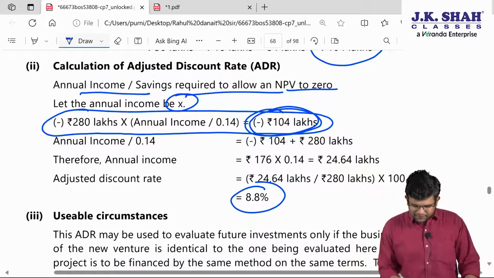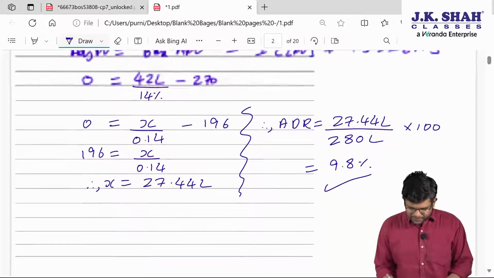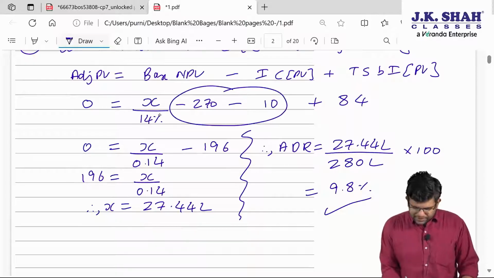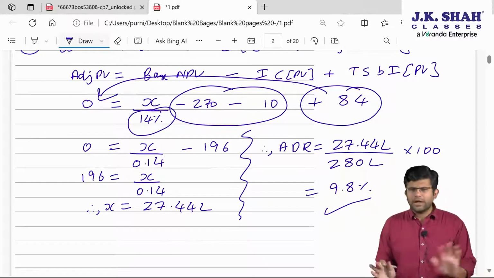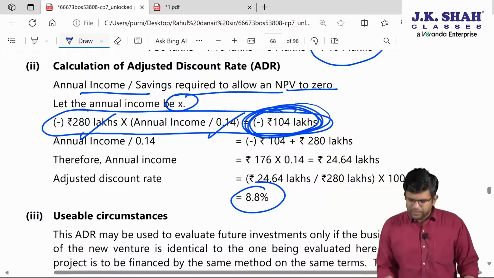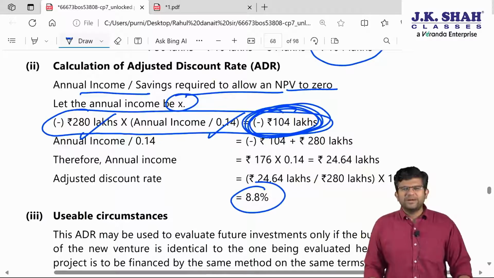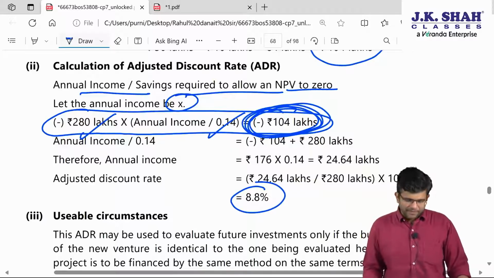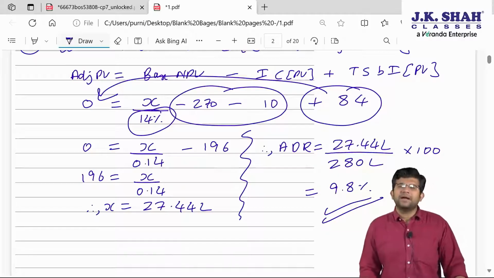Students, do you realize everything else is same? 280, 0.14, you can see here. I'll show it to you. 280, then 0.14. Now this 84, they pasted it here as minus 84. Okay, no problem. It should be minus 84 there. But instead of minus 84, they wrote minus 104, and therefore the solution slightly changed. So it's a printing mistake, I might say, and hence according to me 9.8% is the correct answer.